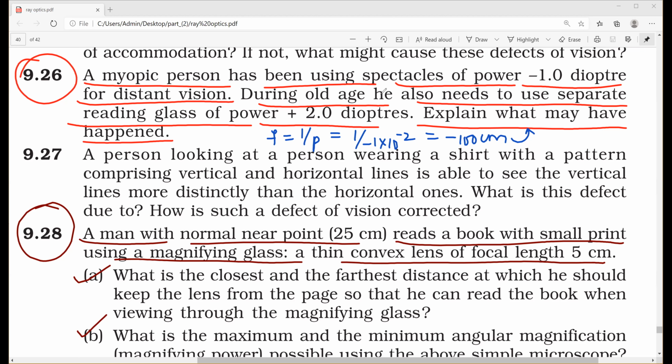9.28 we shall solve. From the question, what they have given is the focal length of the magnifying lens, f is equal to 5 cm. The least distance of distinct vision, let us consider d is equal to 25 cm. The image distance v, let us consider that as minus 25 cm.